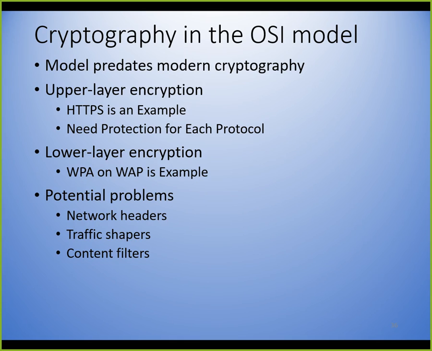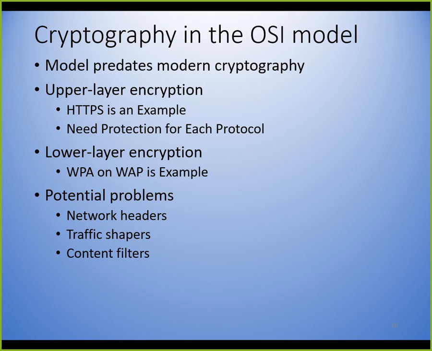We need protection for each protocol if we do it at the upper layers. The lower layer encryption, WPA on a wireless access point, is an example. VPNs are an example of that. Everything inside it is going to be secured by the VPN itself.